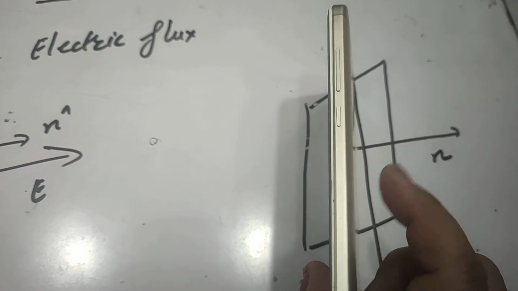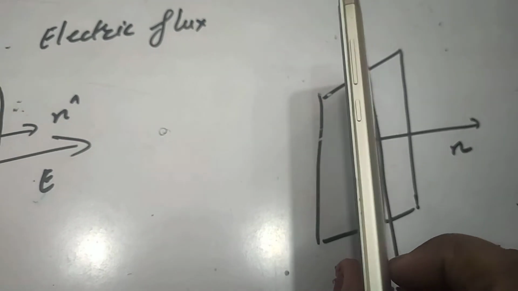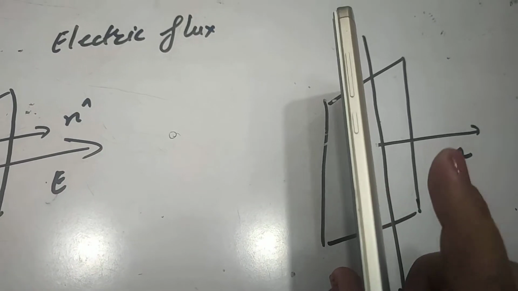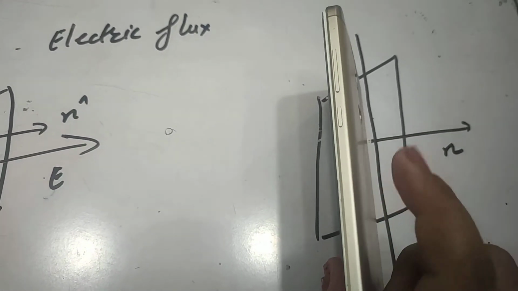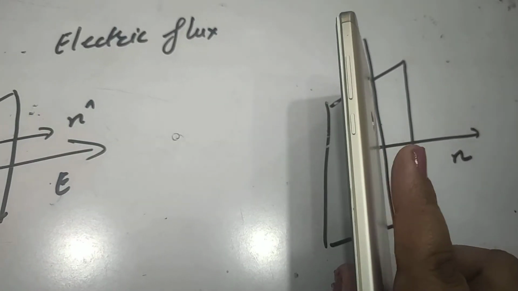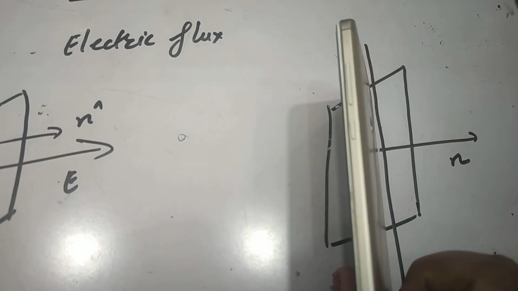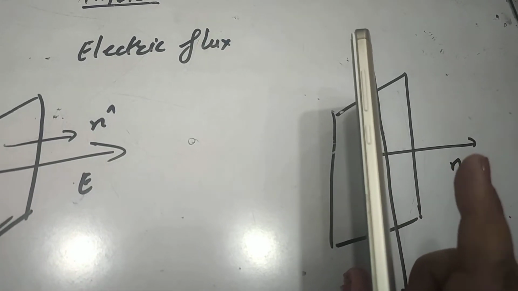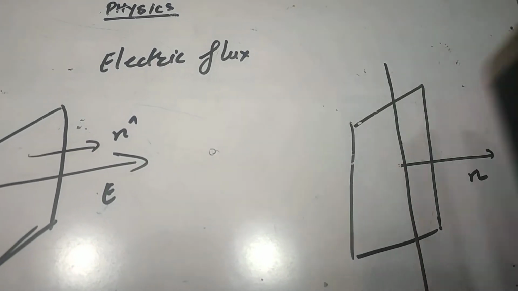So the angle between them is 90 degree. You can see here clearly that no field line is crossing the surface. It is just along the surface, not crossing the surface. Since no field line is crossing the surface, the flux is 0 here.